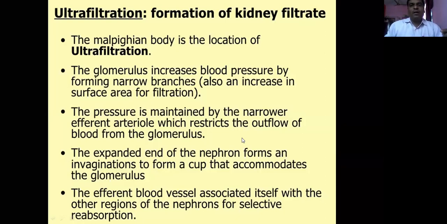The entry of blood is through a wide tube, the afferent arteriole, but the exit of blood takes place through a narrow blood vessel, the efferent arteriole. The expanded end of the nephron forms an invagination to form a cup-like structure around the glomerulus, and the efferent blood vessel associates itself with the other region of the nephron for selective reabsorption.